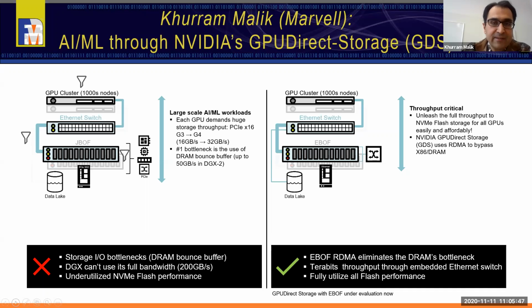Data comes directly from the EBOF, from the storage to the GPUs, gets processed and goes back, either residing inside the storage or in the expansion shelf. We have some performance numbers from partnering with Micron, with very good data based on these GPUDirect applications. I highly recommend you visit our booth and get more information there.